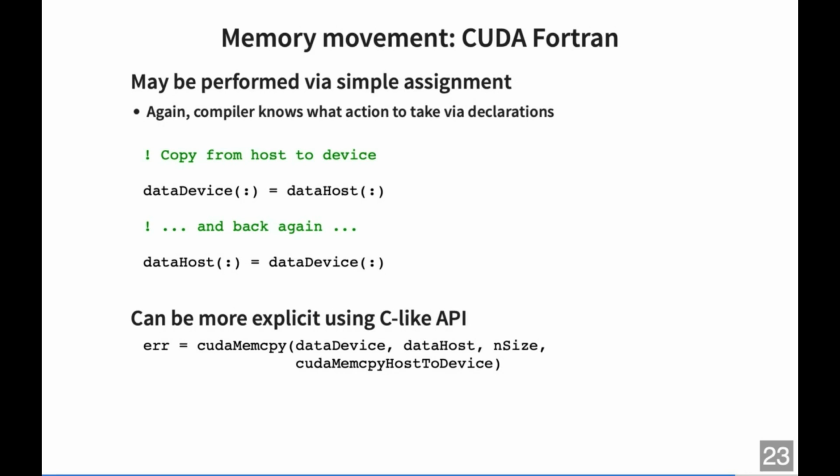So if we made an array assignment, data device equals data host, that is actually a copy of host data to device memory, and back again.